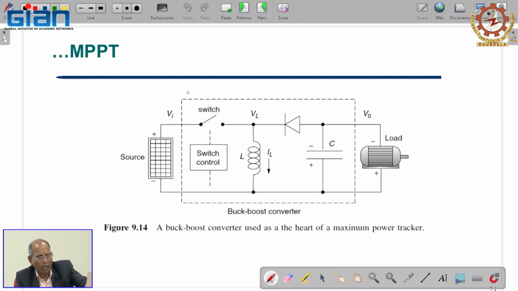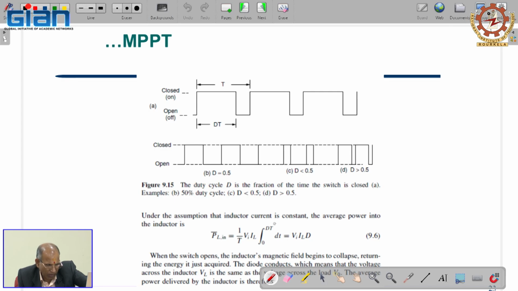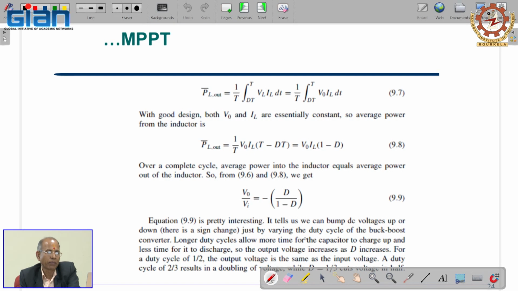So whatever power is stored when the switch is on, the same should be dissipated when the switch is off. Both these powers you can make equal.